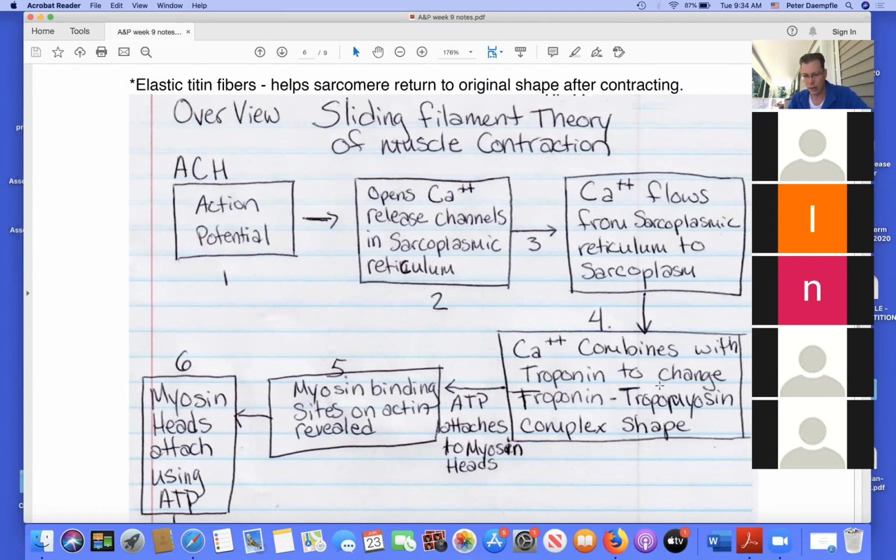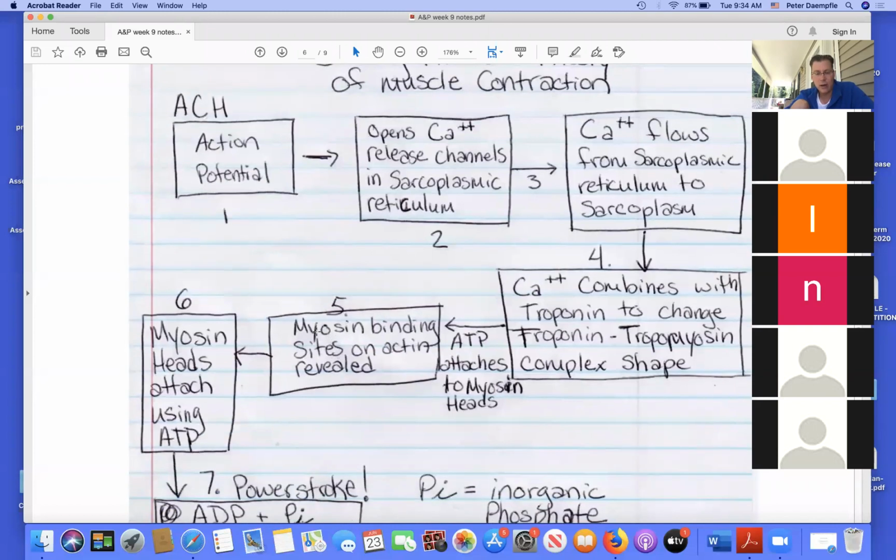It's a complex on top that covers up, a covering of the actin, and calcium attaches to it, makes it shift, and reveals something called myosin binding sites. Myosin binding sites on the actin are revealed so myosin heads can attach to the actin.